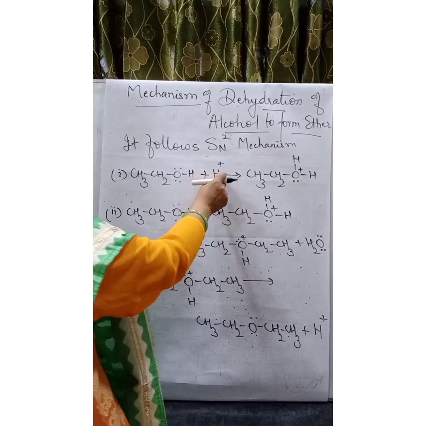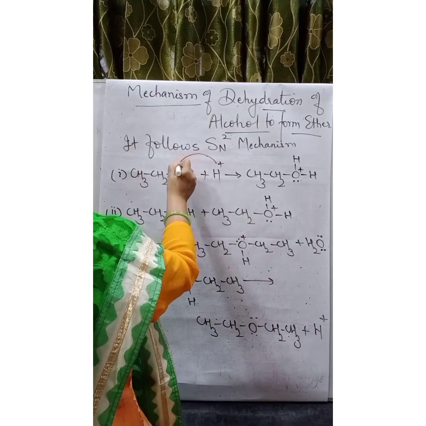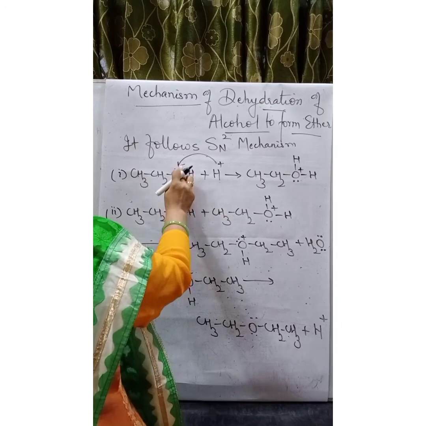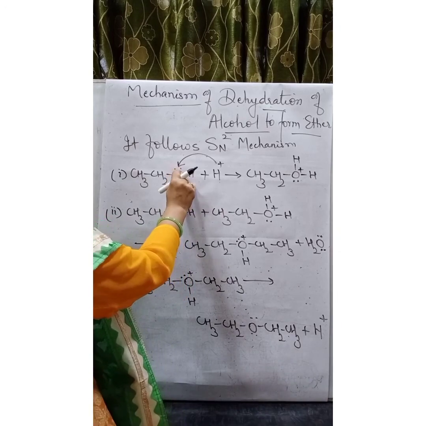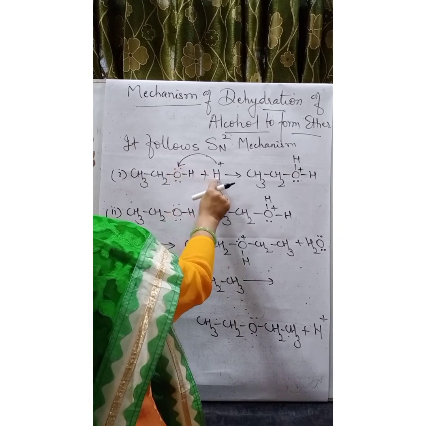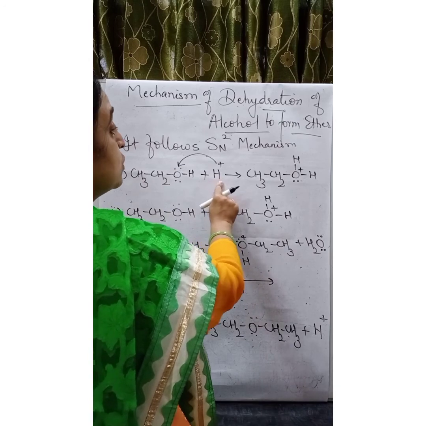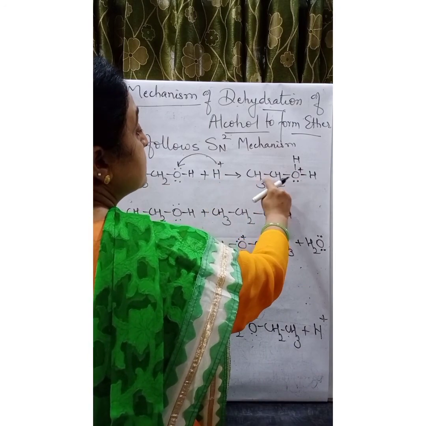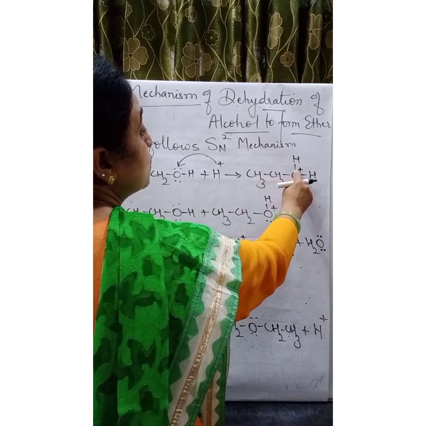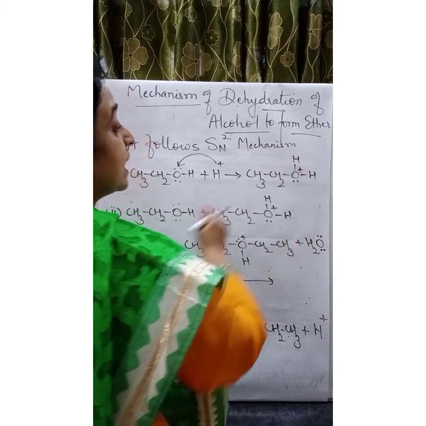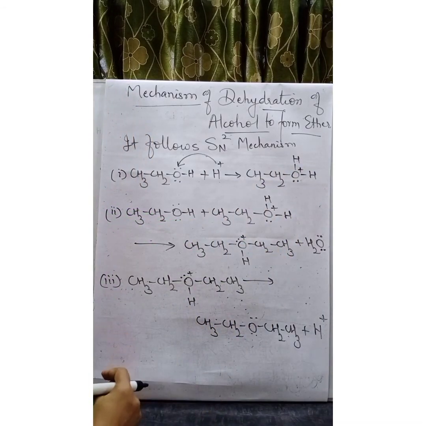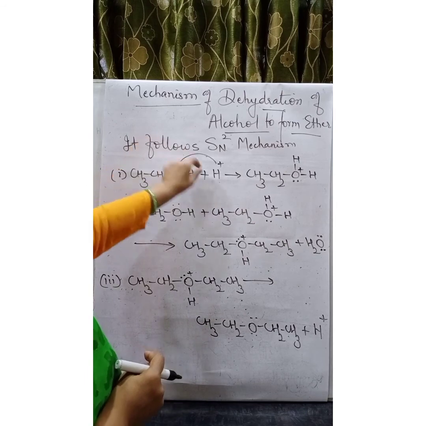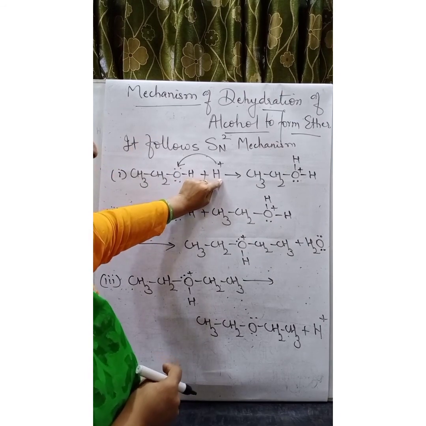So H plus. So where will the H plus attack? It is going to attack the electron rich side. So one of the electron pairs of oxygen gets used up in forming a bond with hydrogen, and it forms CH3CH2OH with a positive sign on top of oxygen as the electron pair is used up in forming a bond with proton.